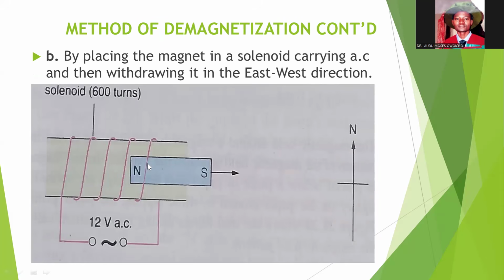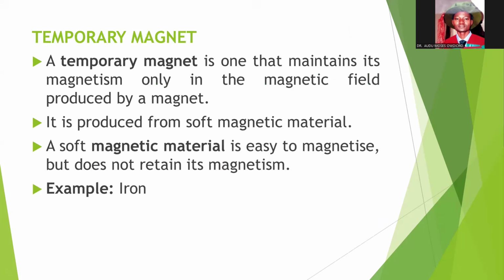If we put a bar magnet in a solenoid and alternating current is supplied to it, allow it for some time and remove it in the east-west direction, you discover that the magnet will lose that ability. This process is called demagnetization. So the electrical method is another method of demagnetization.